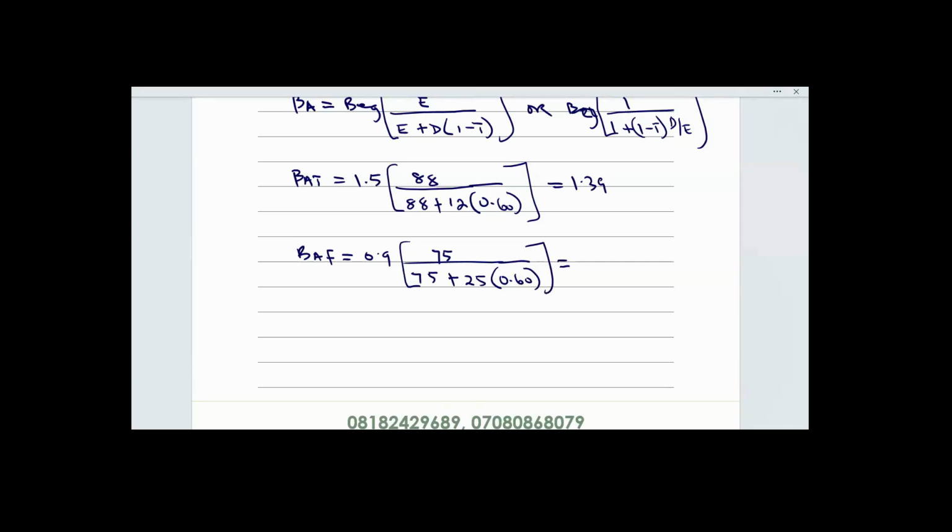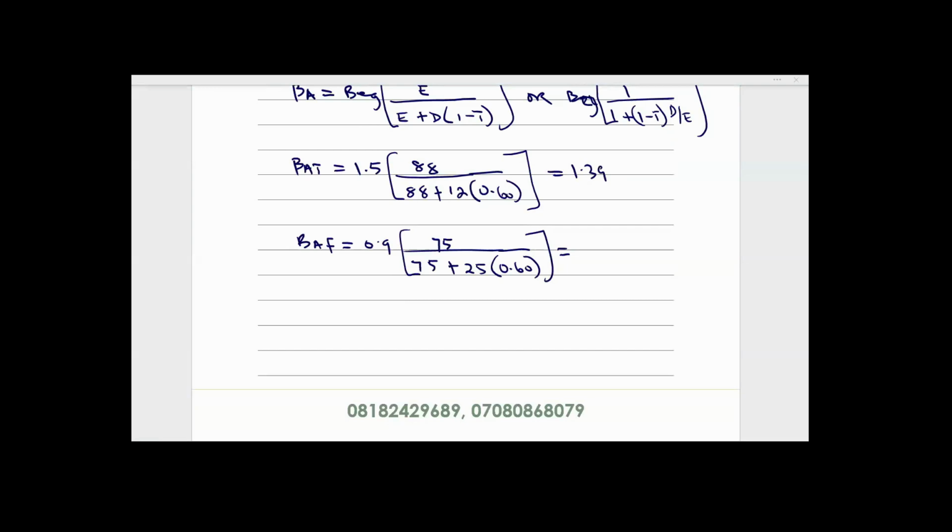So 0.6 multiplied by 25 equal, then plus 75 equal to 90. So 75 divided by 90 equal, multiplied by 0.9 equal 0.75. So that's the beta asset of the financial service.